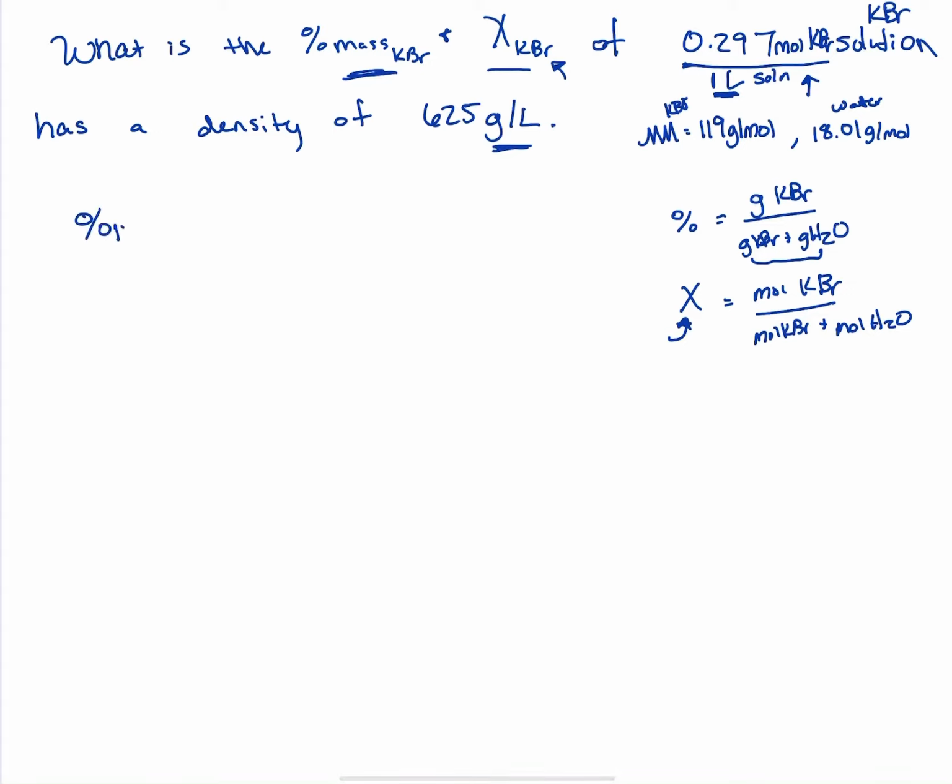So the percent by mass of KBr. I'm going to start with my two numbers hooked together, but this is what I'm trying to find. So I'm going to start with 0.297 moles of KBr. And I'm going to draw a line and leave a little space and have my liters of solution right here.